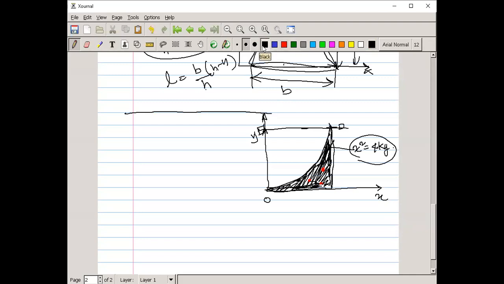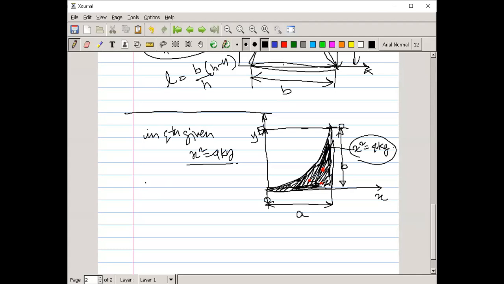So first, take this portion a certain length, say A, and take this portion a certain length, let's say B. Clear? Suppose it is given x square is equal to 4ky.